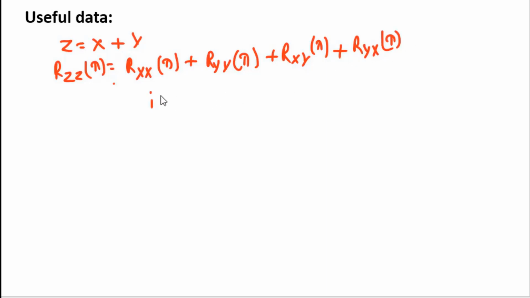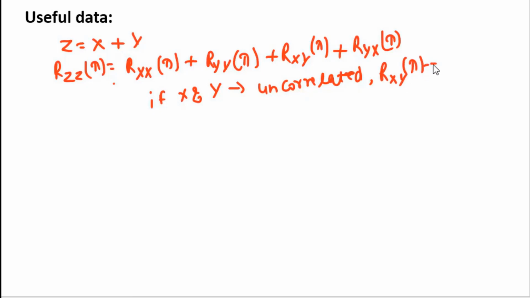If x and y are uncorrelated, then R xy of tau is equal to R yx of tau is equal to 0.